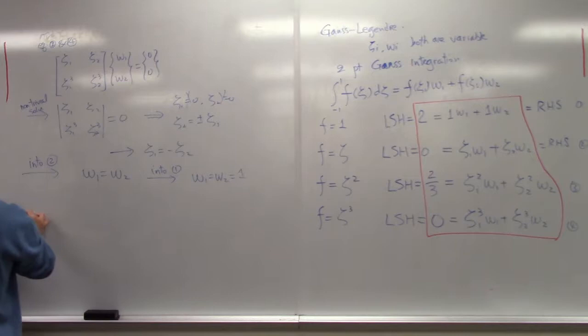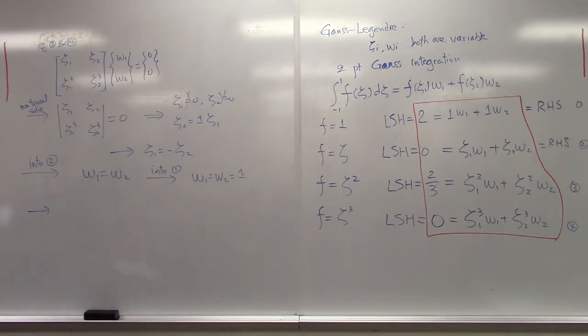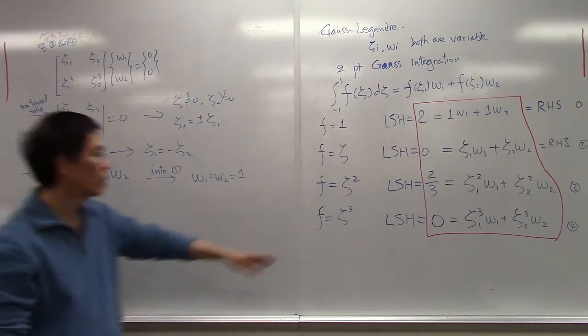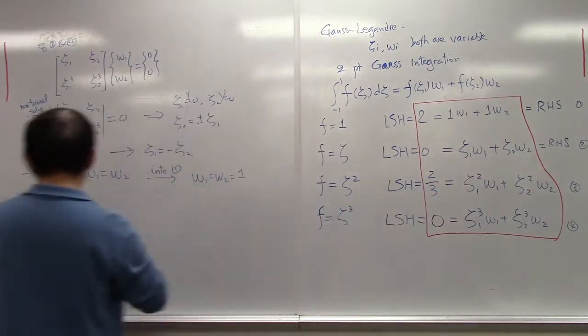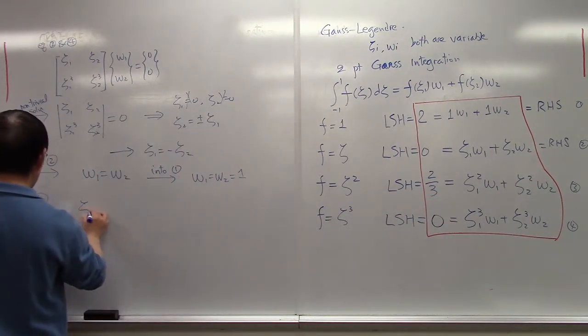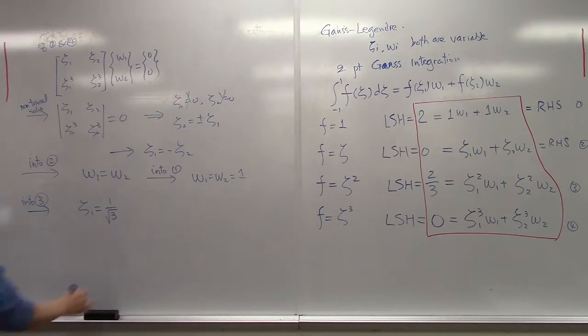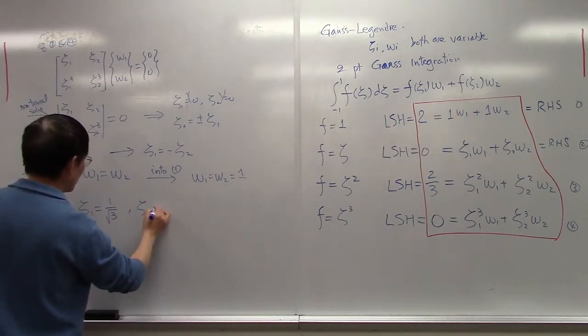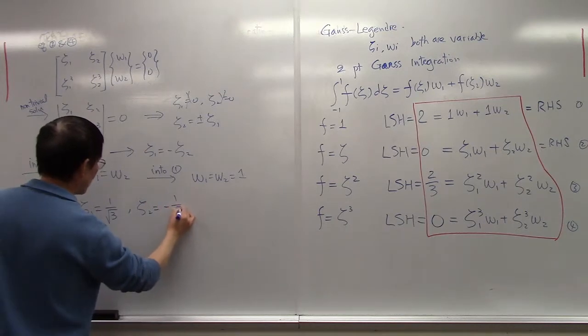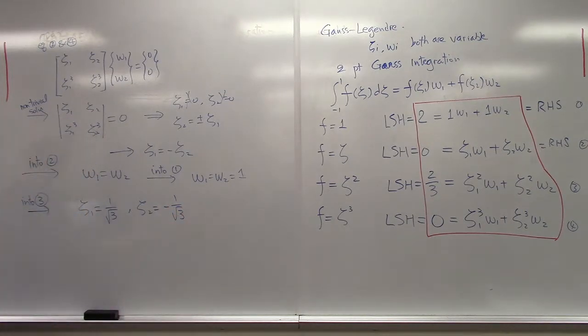And then finally put into equation 3. Turns out theta 1 must be equal to 1 over square root 3. Theta 2 is equal to negative 1 over square root 3. Okay.